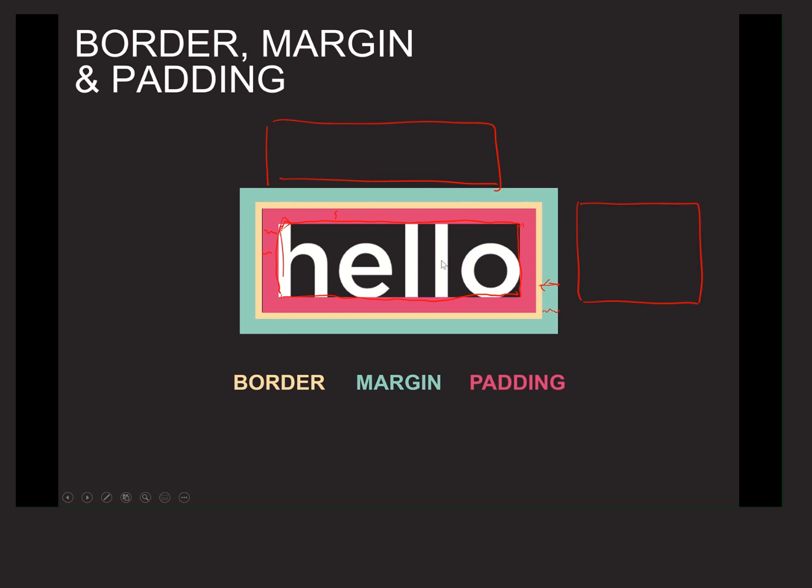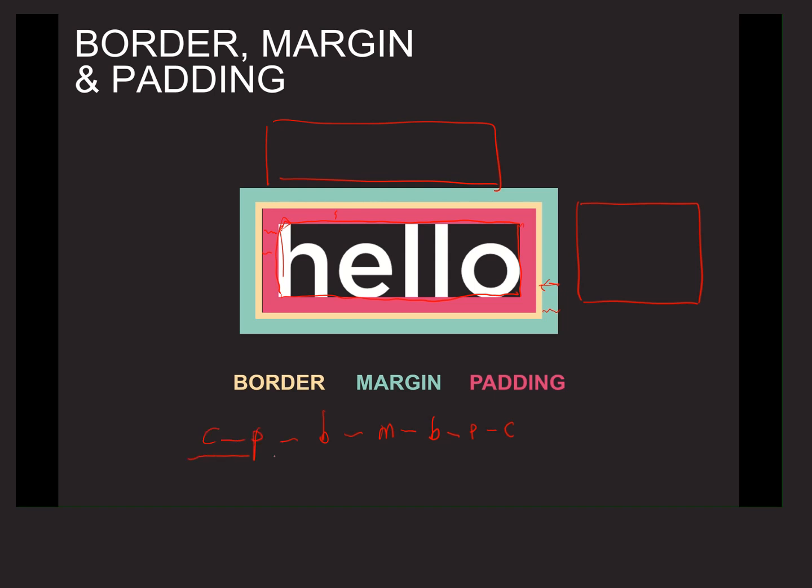So padding is used to separate the border and its content. So it's like you have border first, then padding, and then your content. Okay, in short, it's BPC, right? Border, padding, content. And then margin, another border, another padding, another content.